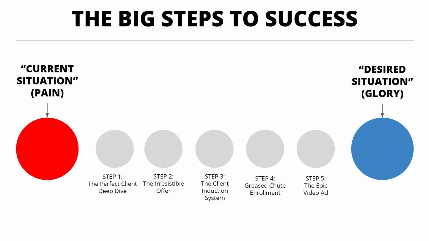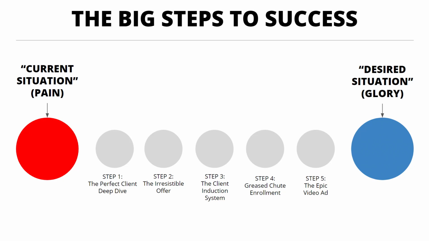So step 1 is getting clarity on his perfect client. Step 2 is crafting his irresistible offer, kind of what we're doing here right now. Step 3 is building his client induction system. This is the automated marketing machine that, once we have his perfect client outlined and we have created his irresistible offer, well, now we've got to get that irresistible offer in front of his perfect client, right?